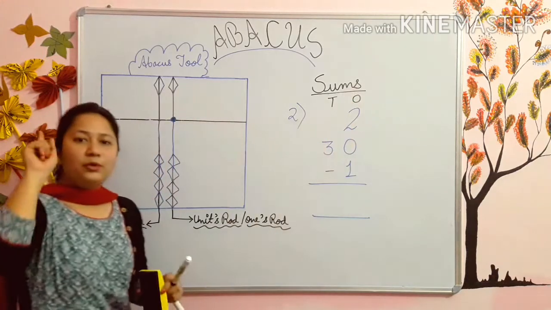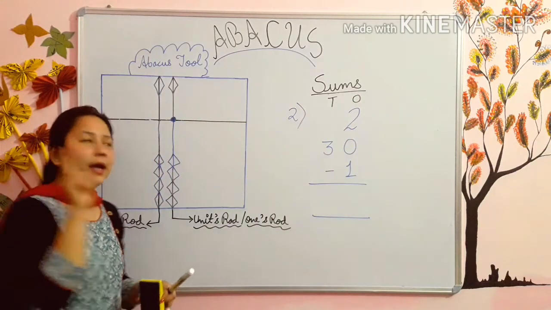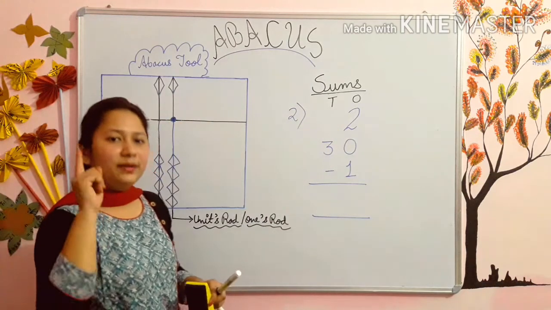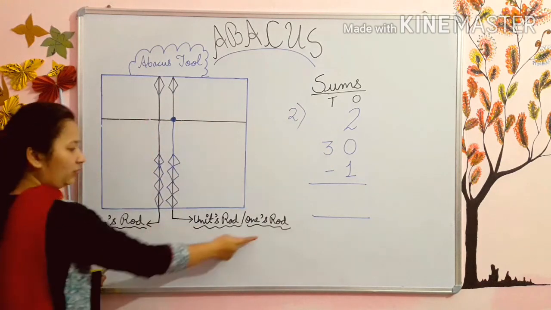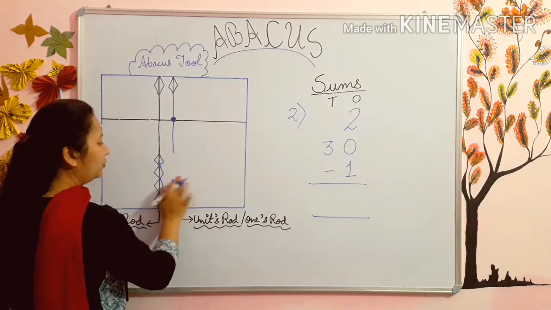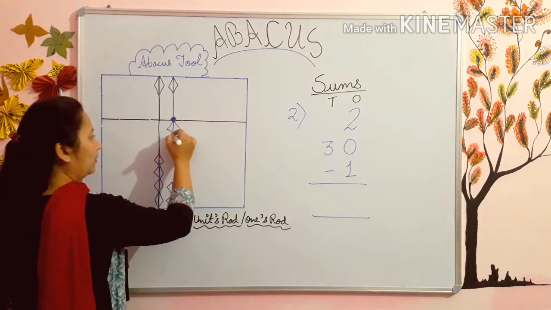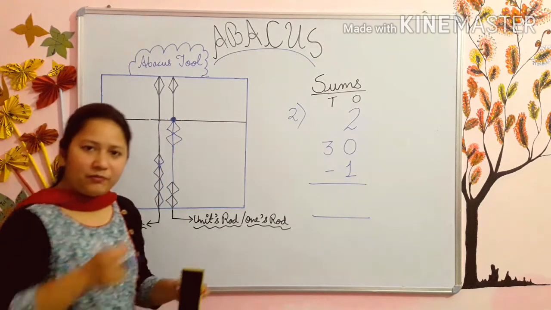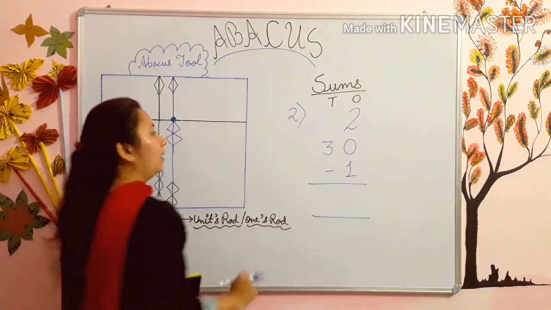So you have to put 2 in ones rod and no sign is there means add. You have to add 2 in ones rod. So ones rod, 2. Add 2 means 2 beads up. Because for add you have to put the beads up.